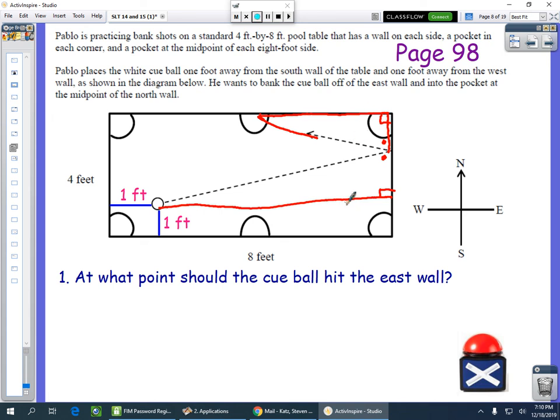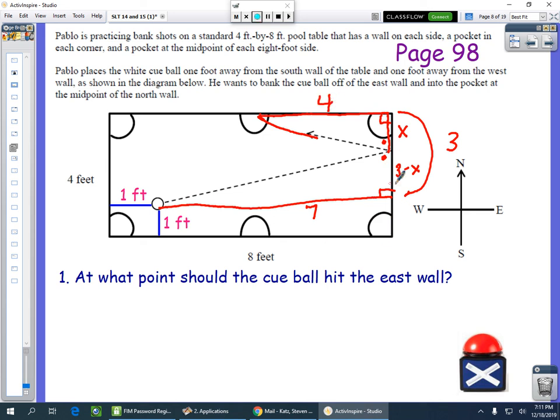Let's see if we have enough information. From here to here has to be 7 because the whole thing is 8 and it's 1 less. I might not know where this is, but I do know that this whole thing is 4 and it's 1, so this whole thing is 3. If I call this x, then this would be 3 minus x, because I do know that this is halfway, which is 4.